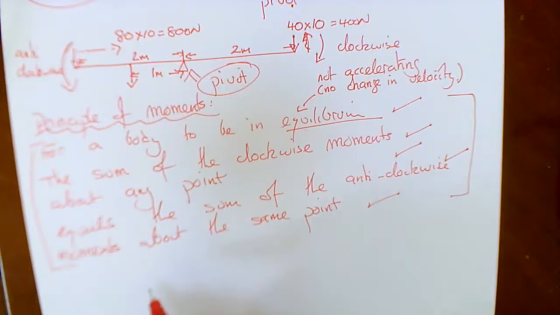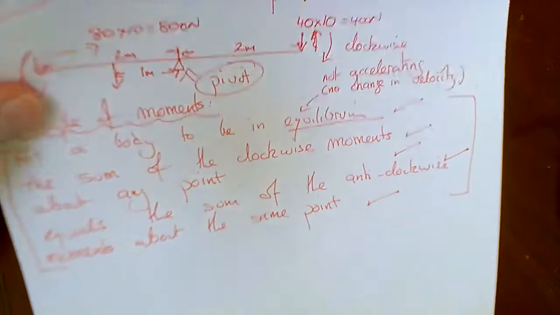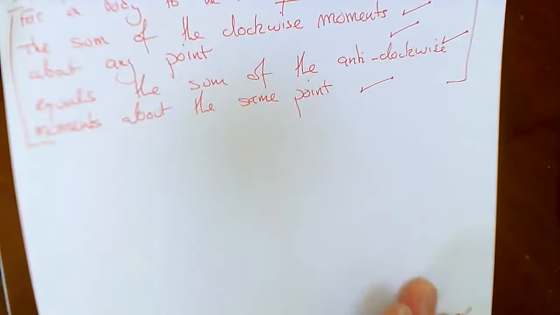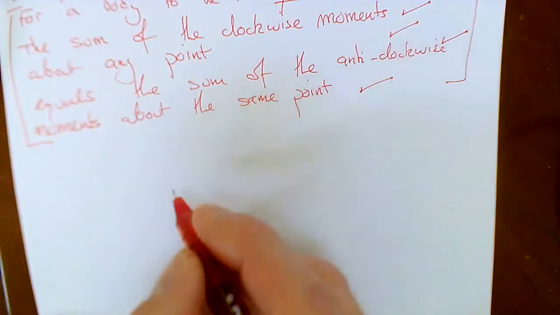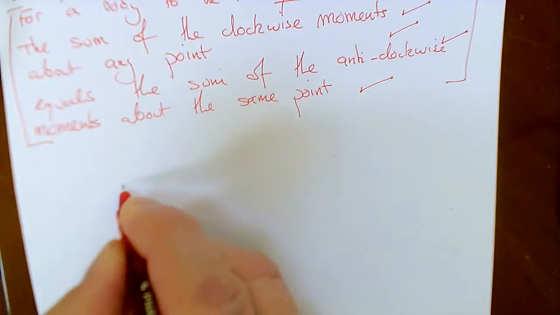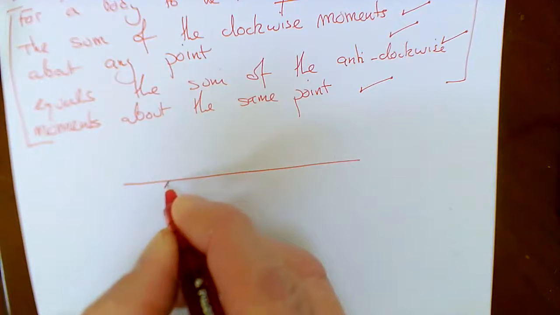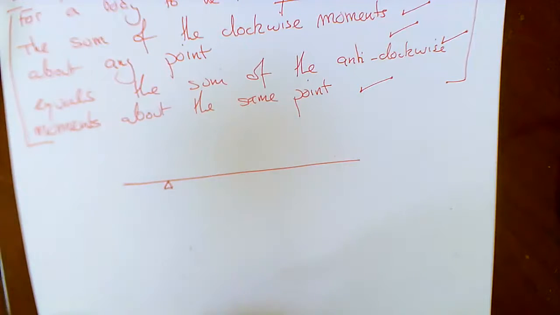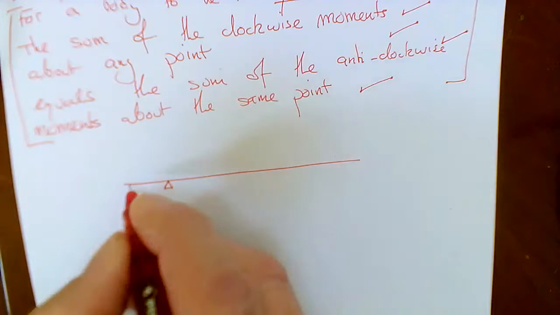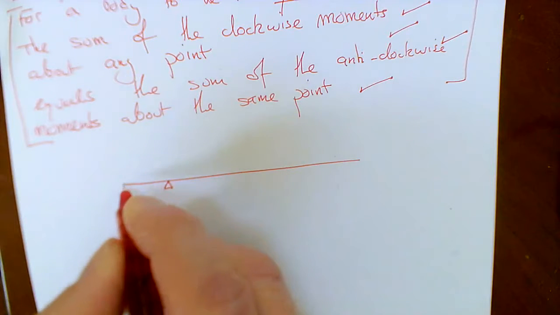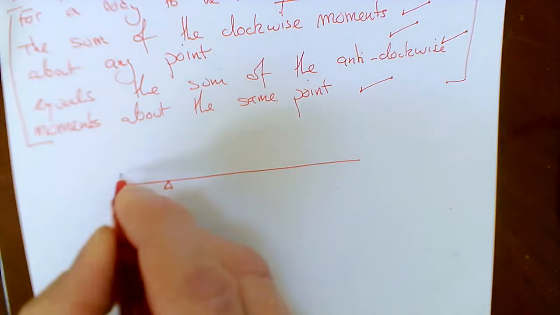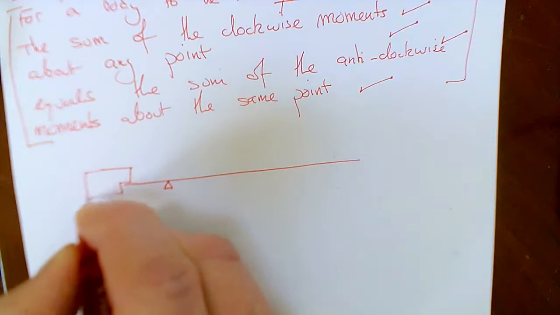So let's take an example where we have more than one turning effect in each direction. Let's say we have a big long steel bar, and what we're trying to do is to shift a great big rock in the garden.